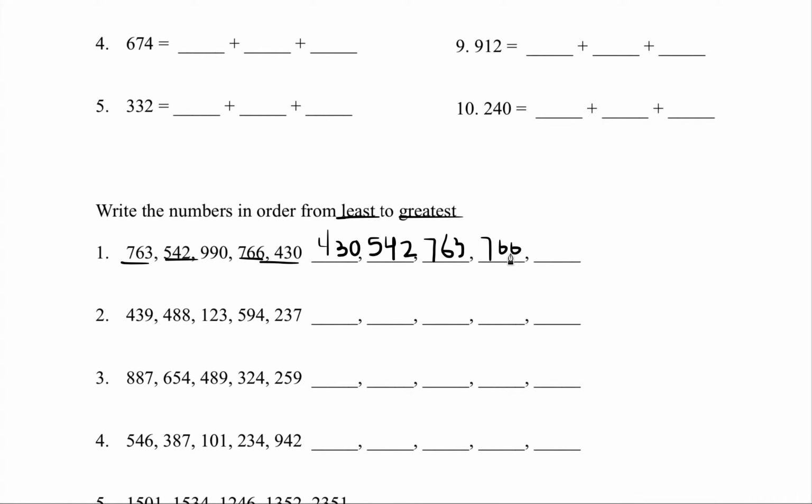And then lastly, the largest number here is 990. Make sure to check if your numbers are actually in order from least to greatest after you finish it. So here is 430, 542, 763, 766, and 990, and they are all in order from least to greatest.